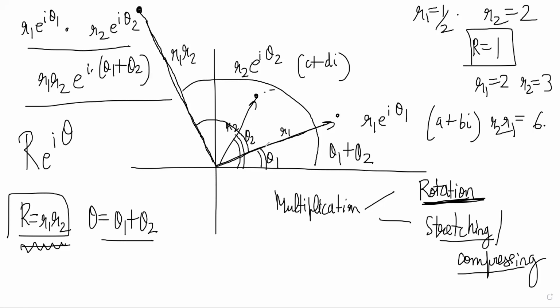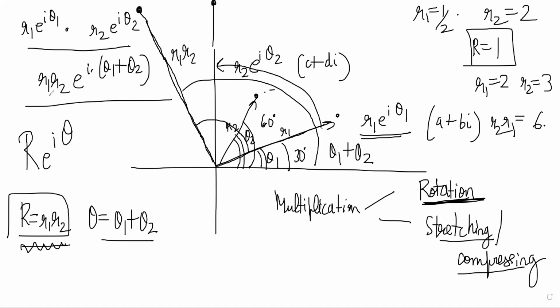Rotation, because the initial complex number was making some angle, say 30 degrees. If this makes 60 degrees, the final will be at 90 degrees. So the 30 degree line has to be rotated by 60 degrees to get to 90 degrees.